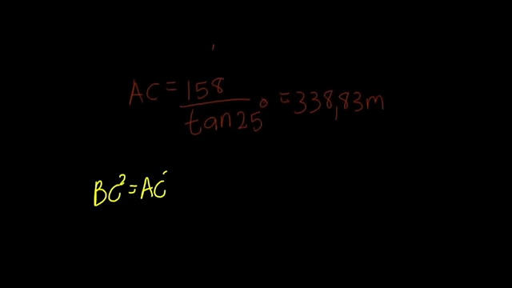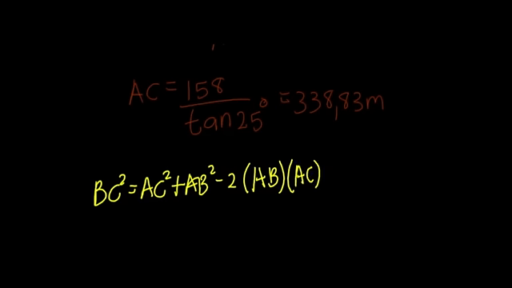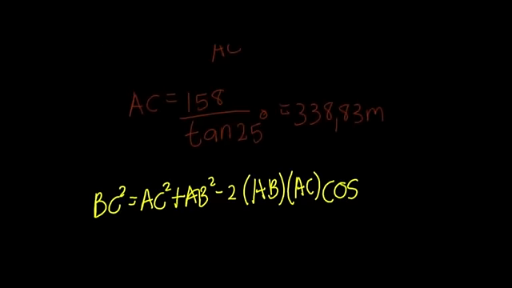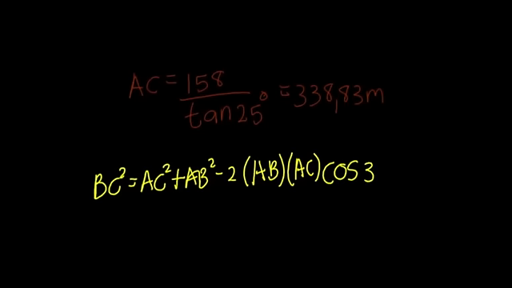AC squared plus AB squared minus 2 multiplied by AB times AC, and that is all multiplied by cos of the angle in between, which is 30 degrees, cos of 30.